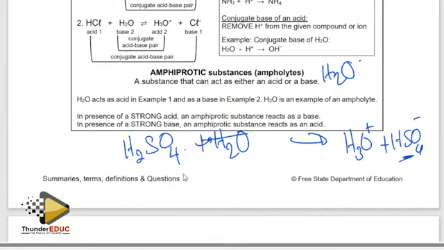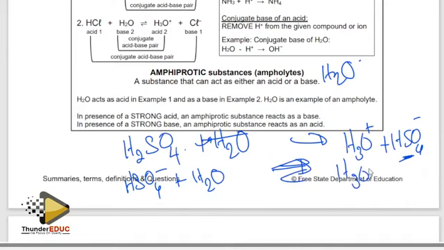You understand? So you have to know which one, because now if I bring hydrogen sulfate here and add water, I form hydronium ion again plus sulfate. You see, here it is a base, because it is going to receive from this and then goes back to this.